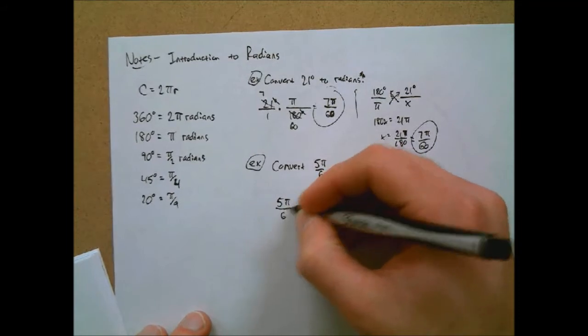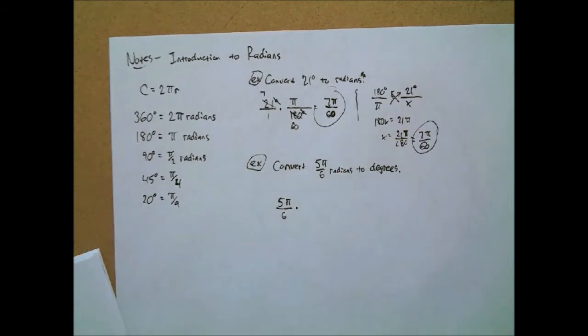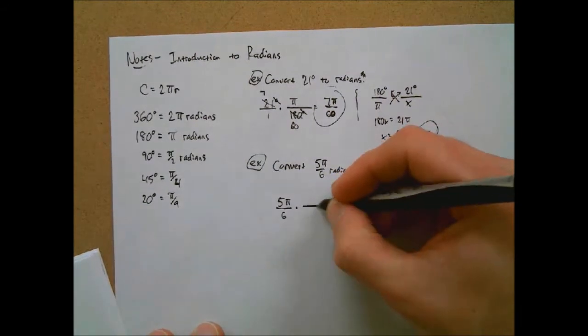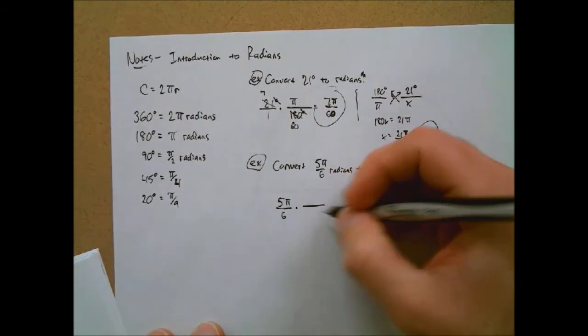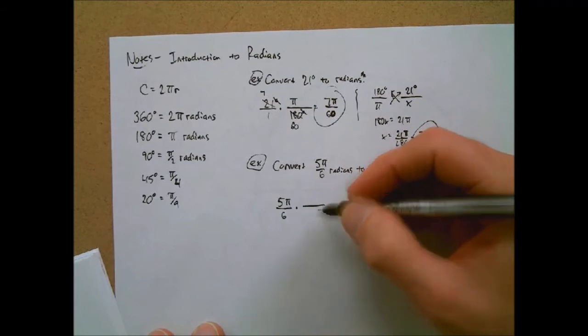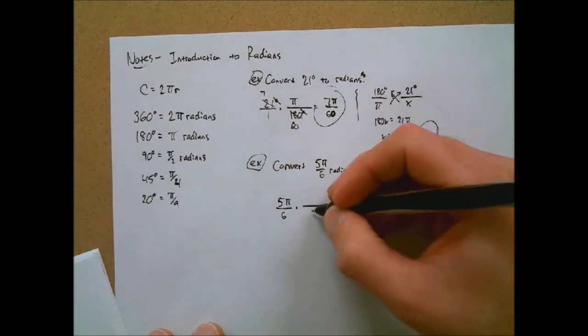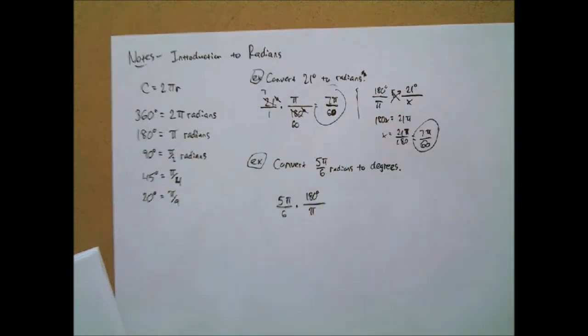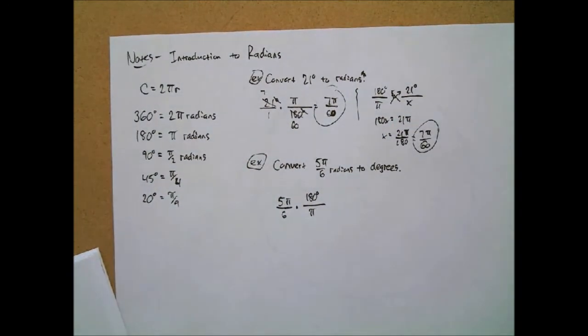Since it's already in radians, I want to cancel the radians out. So the pi radians will go in the denominator, and the degree measure that I'm trying to convert to, 180, will go in the numerator. So we have to switch where they go here. Since I'm converting from radians to degrees, I need radians in the denominator now, degrees in the numerator.